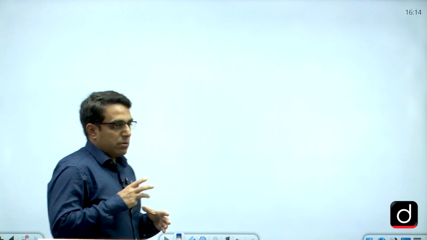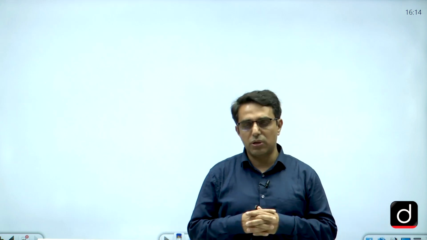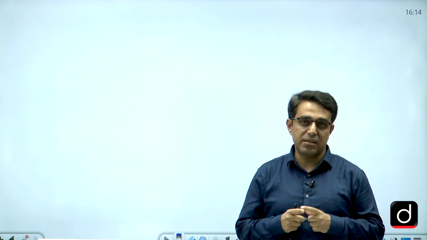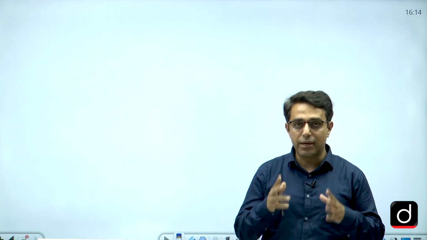Now, this discussion of these 5 questions was just to give you an idea of what all is important, how UPPCS is asking us questions from the polity section in the exam, right.